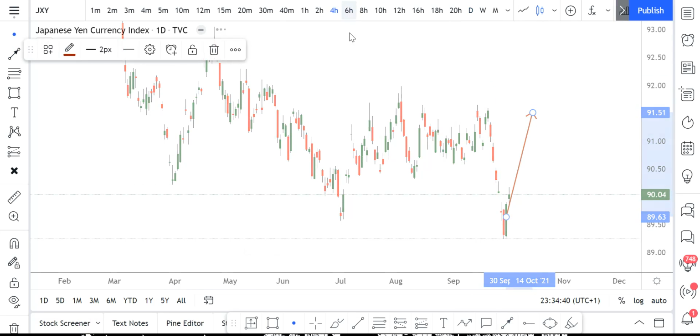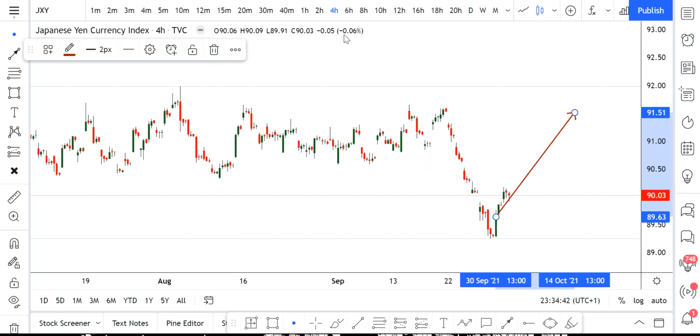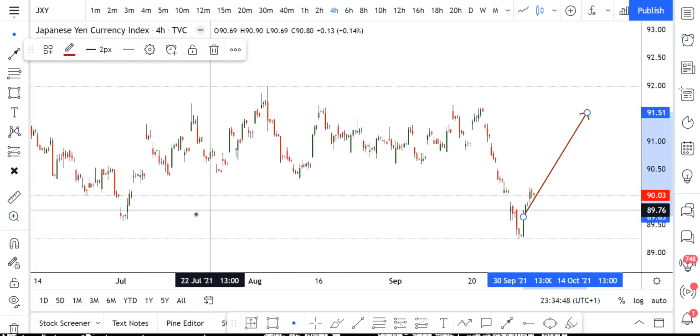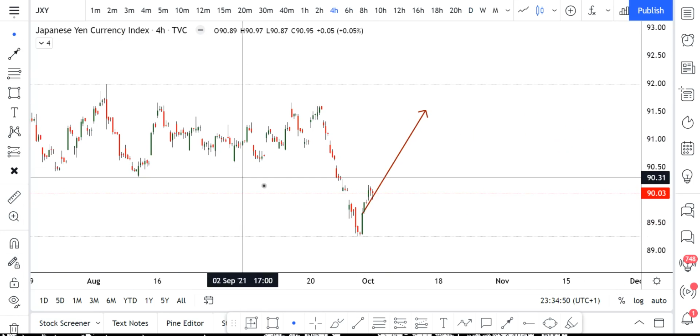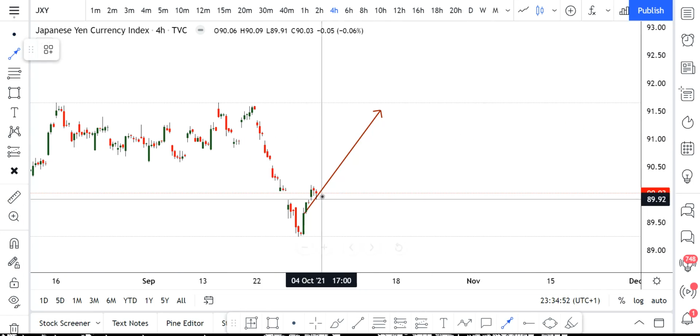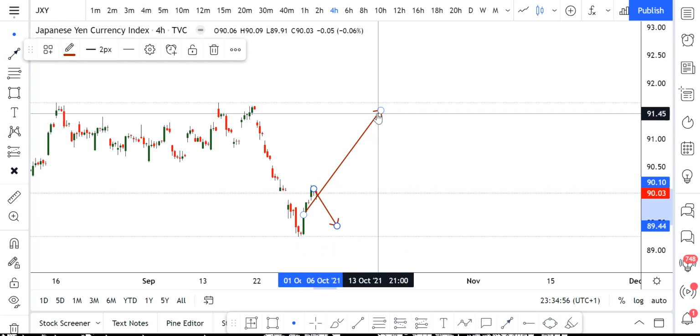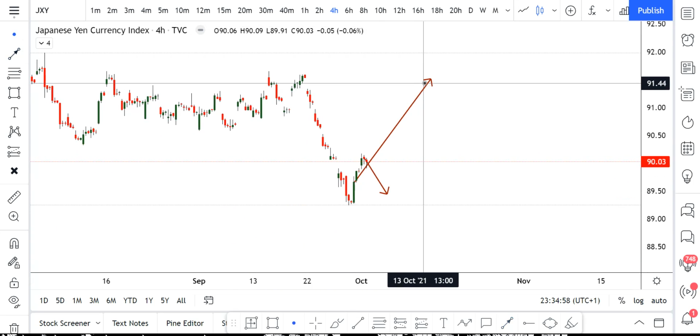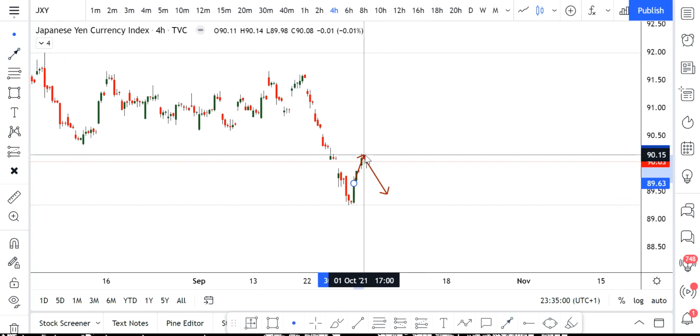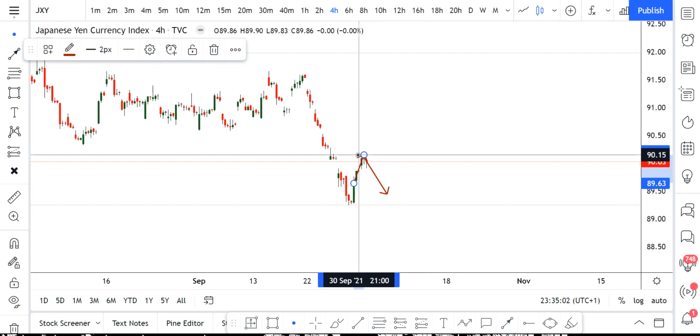But let's see what we have from the 4-hour time frame. Now, looking at the 4-hour time frame, the 4-hour time frame still is in confluence with daily, but we may see a little push to the downside before we move to this upside. So what do I mean by a little push to the downside?